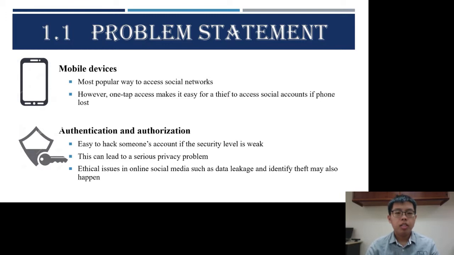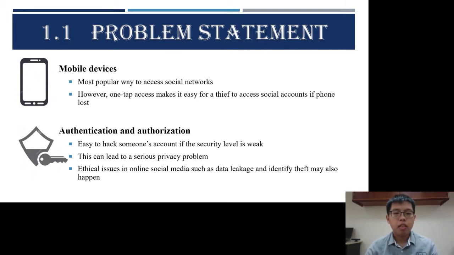Most users access social networks by using mobile devices. It is because mobile devices allow users to access their social accounts with only one tap. However, this also causes a problem for them, because once their mobile device is lost, other people can easily access the social account by also using the one-tap access.